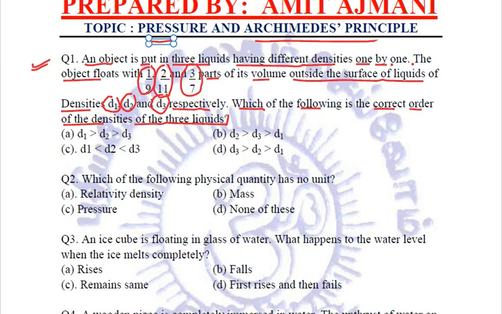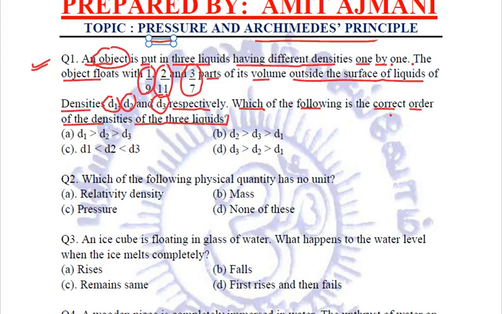Now this is a very important question. As I told you, it has been asked many times. Now we know, we have studied that the denser liquids will exert more buoyant force, and if more buoyant force is acted upon the object, then in that case it is going to float on the surface of liquids.